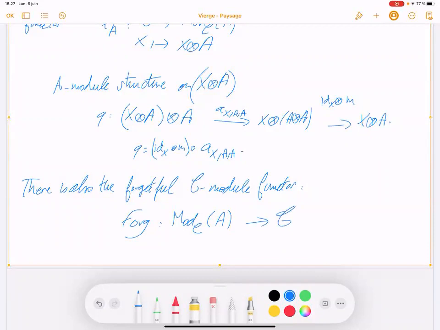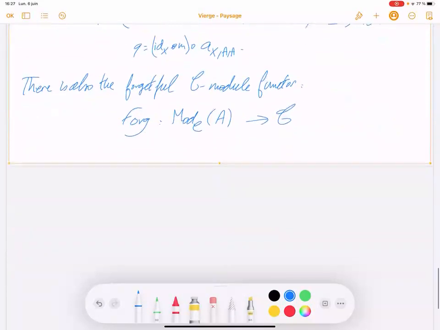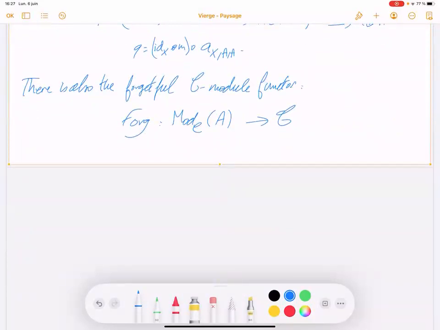So this functor is straightforward. And so, as I said, the next result will state that the functors FA and forgetful are adjoint of each other.